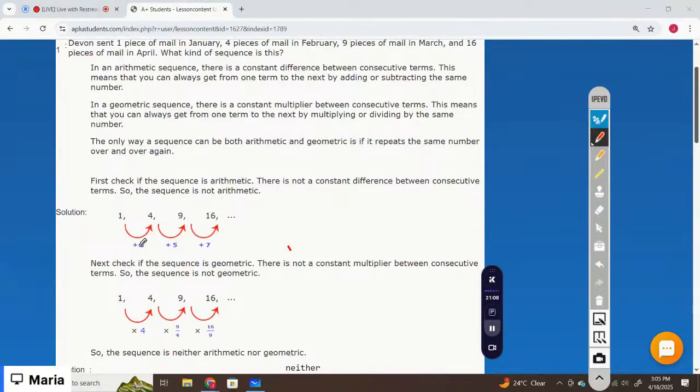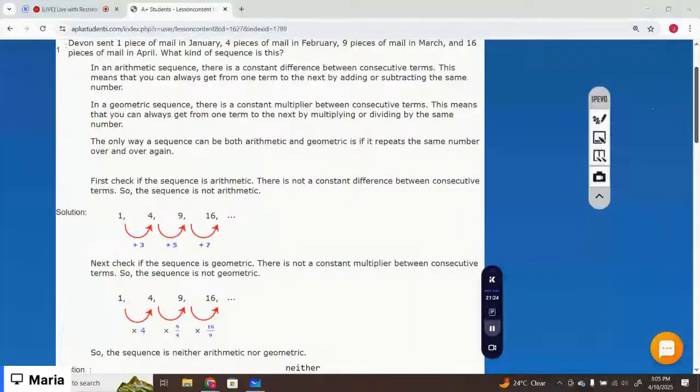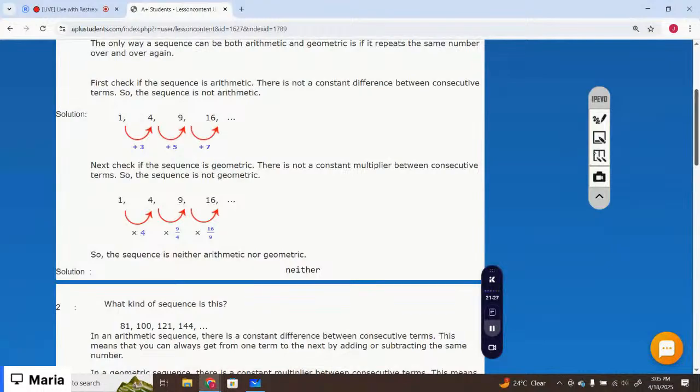So you can see the number you are adding is not constant: 3, 5, and 7. So that means this is not an arithmetic sequence. If you divide, 4 divided by 1 is 4, 9 divided by 4 is not 4, and 16 divided by 9 is not 4. So the sequence is not geometric either. So it is neither arithmetic nor geometric.